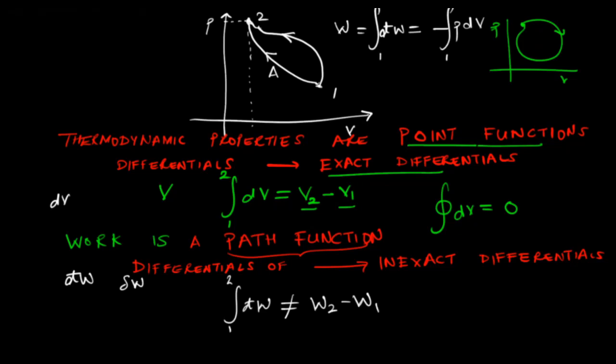There's nothing like W2 and W1, because such a difference you can write only for thermodynamic properties or point functions. And for the same reason, we never write something like delta W, because work does not depend only on the final or terminal states, it also depends upon the path. So if you take a separate path, let's say this path B, then the value of work done would be different.